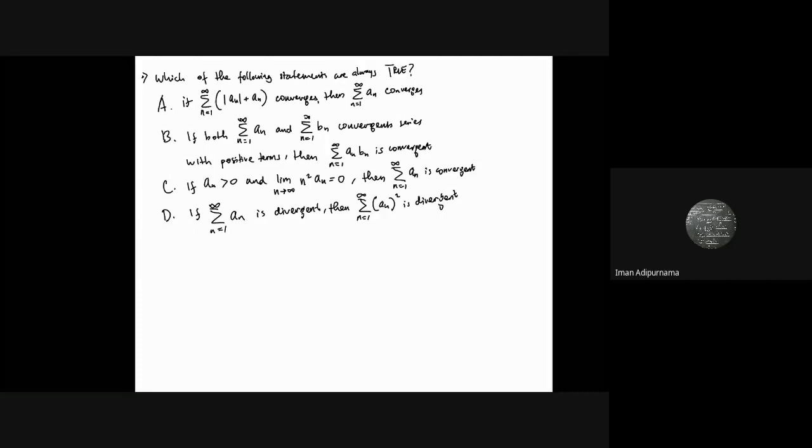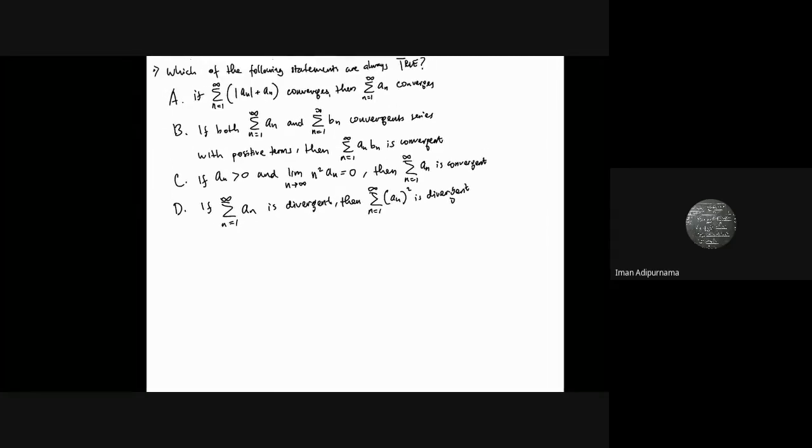Okay, let me explain step by step, and then I will give you some more time to also rethink the answers. So if you answered A, let's check answer A. Let's say the series is this.